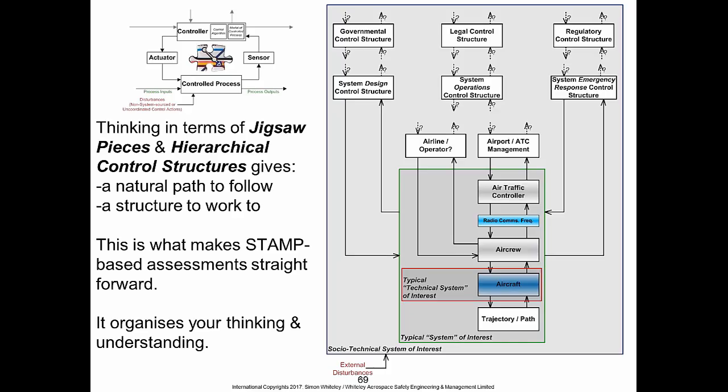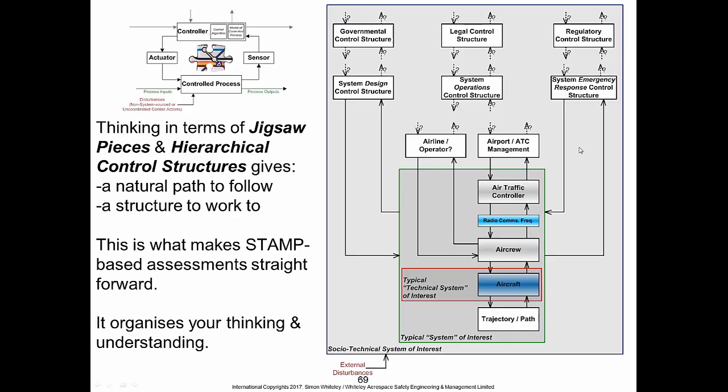We know that there must be some kind of system design, system operations, and potentially emergency response control structure. We logically know they must exist. We know that a governmental control structure, legal and regulatory control structure must exist. So that helps us to look for the jigsaw pieces, the controllers, the information that we need, and how they fit together.